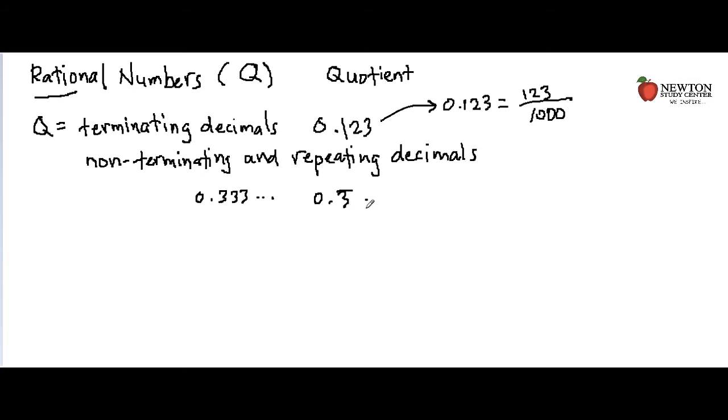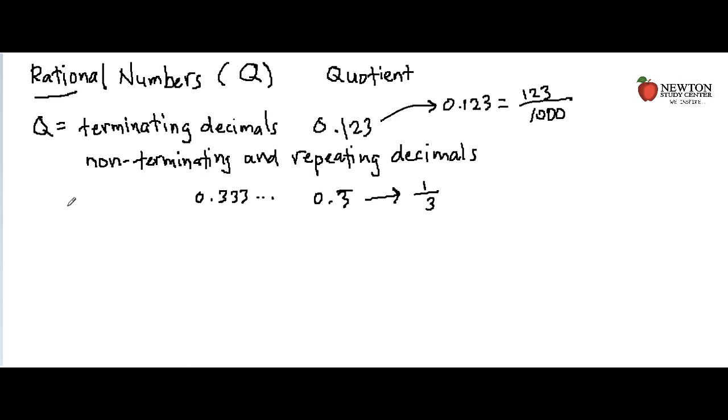Yes, because 0.3 bar is just 1/3. So all decimals that are repeating, meaning they have a pattern of repeating numbers, and they could be non-terminating, meaning the numbers could go on forever, could still be converted into fractions. So they qualify to belong to the set of rational numbers.